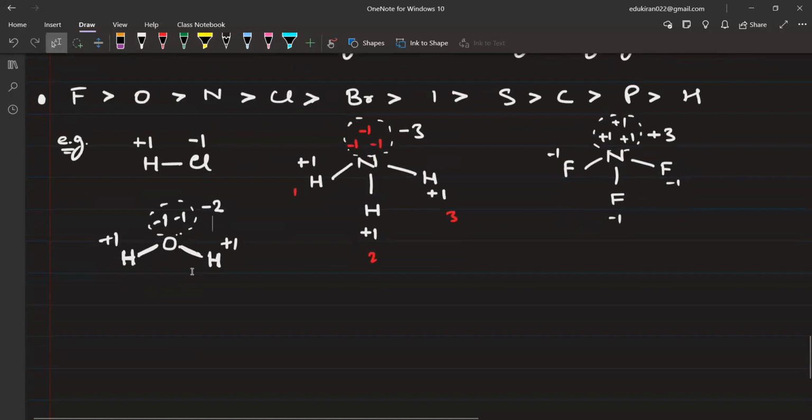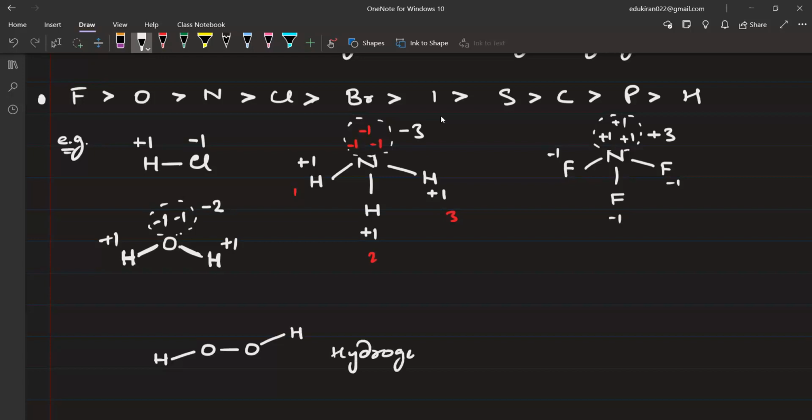Now look, this will seem a slightly complicated case. Hydrogen bonded with oxygen. This oxygen is bonded with hydrogen, and then again it is bonded with oxygen. This is known as hydrogen peroxide. For each bond, you have to tell me.